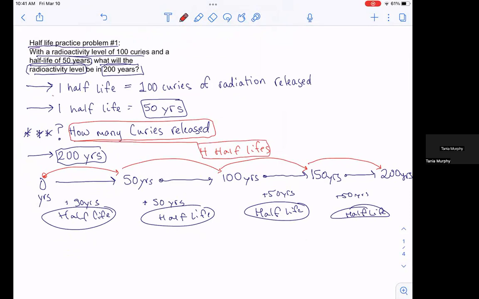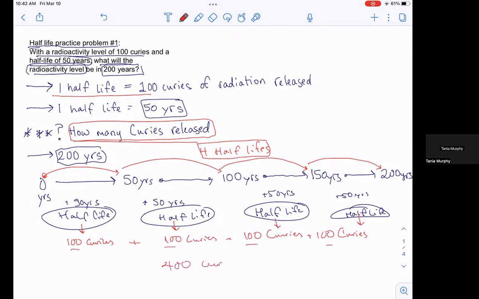I can look up here and see that each half-life is 100 curies. This half-life released 100 curies. This half-life released 100 curies. This half-life released 100 curies. This half-life released 100 curies. So we can easily see now that 400 curies were released in this period of time.